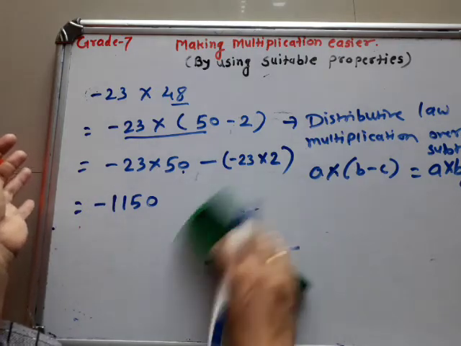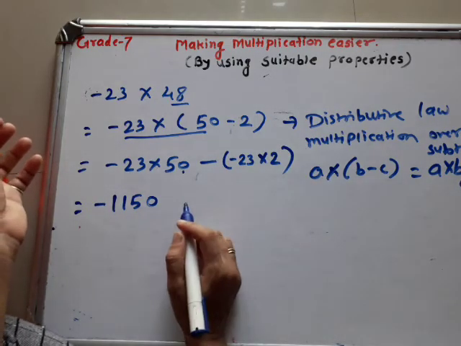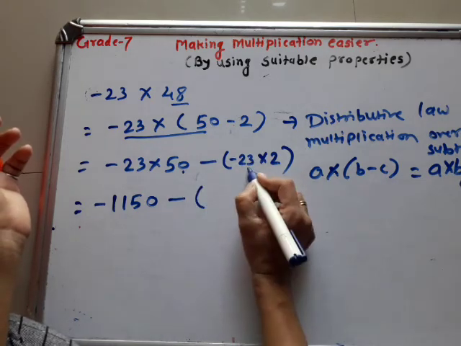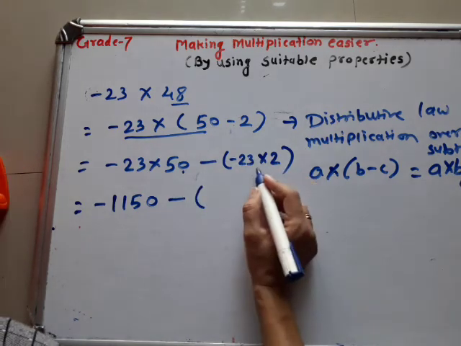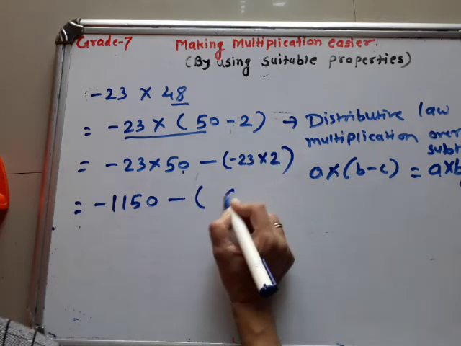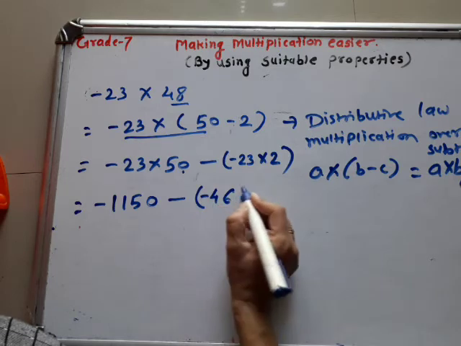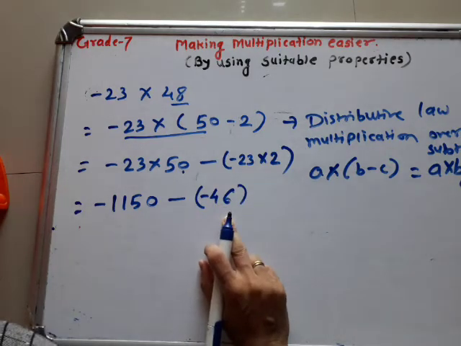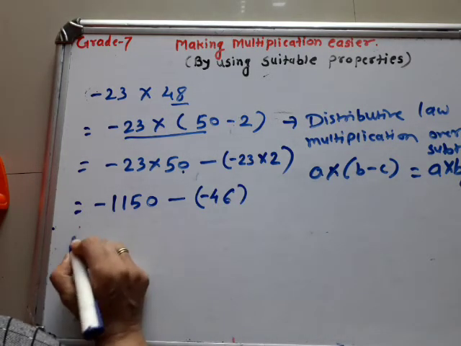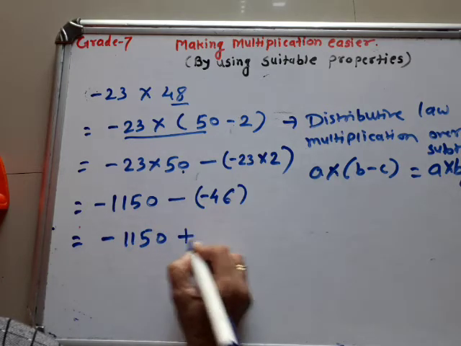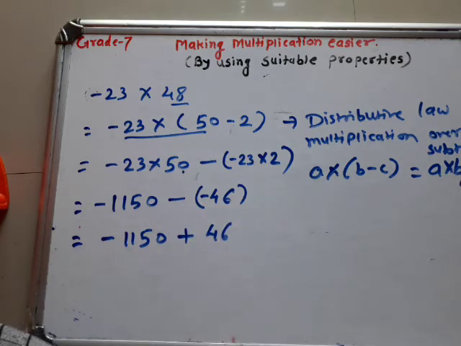Okay, now second, this is the minus sign. Now in bracket put 23 multiply by 2. 2 3s are 6, 2 2s are 4. Here minus, plus, minus. So here we get the answer 46. So solve this. Minus minus we get here plus 46.